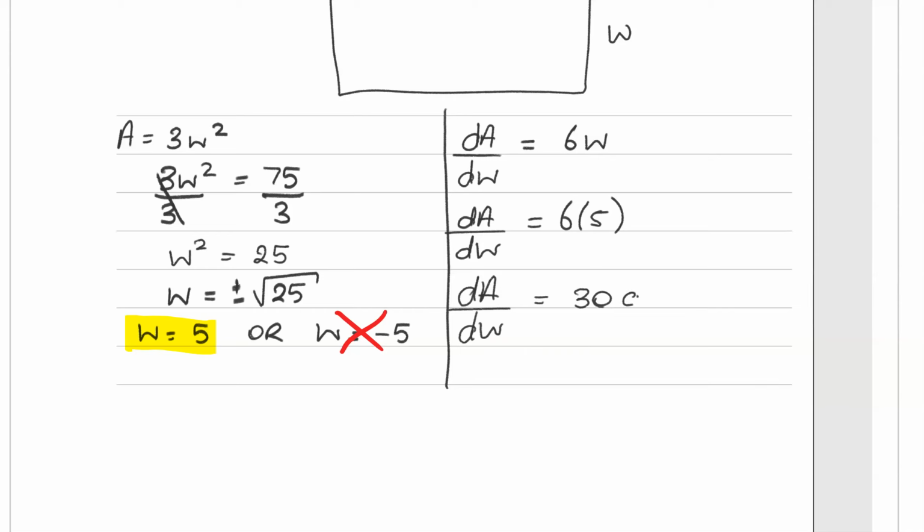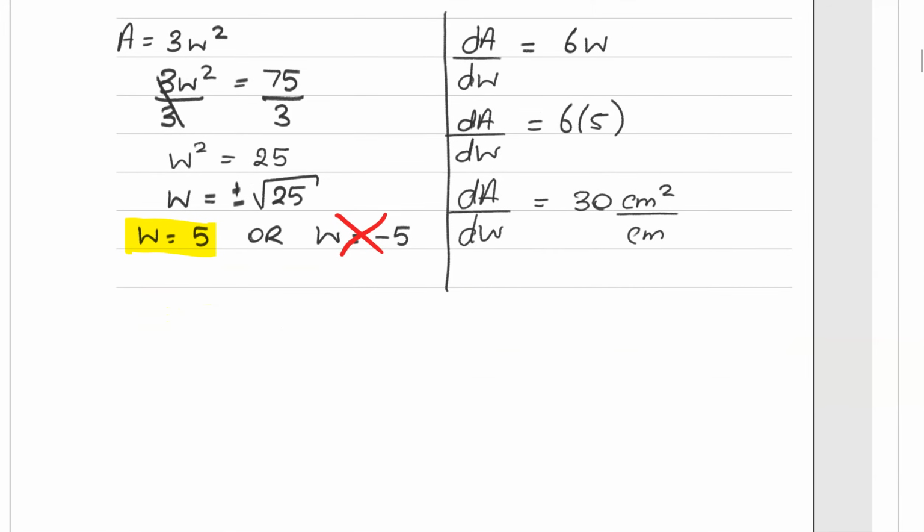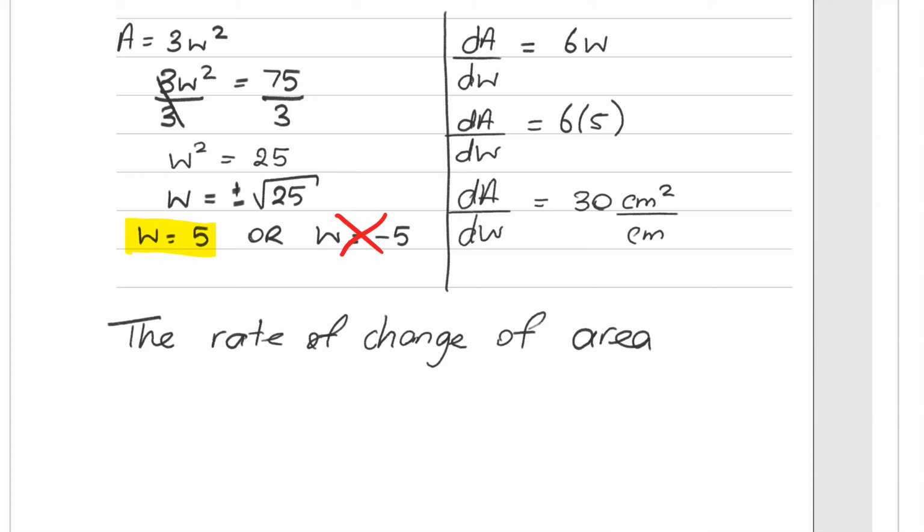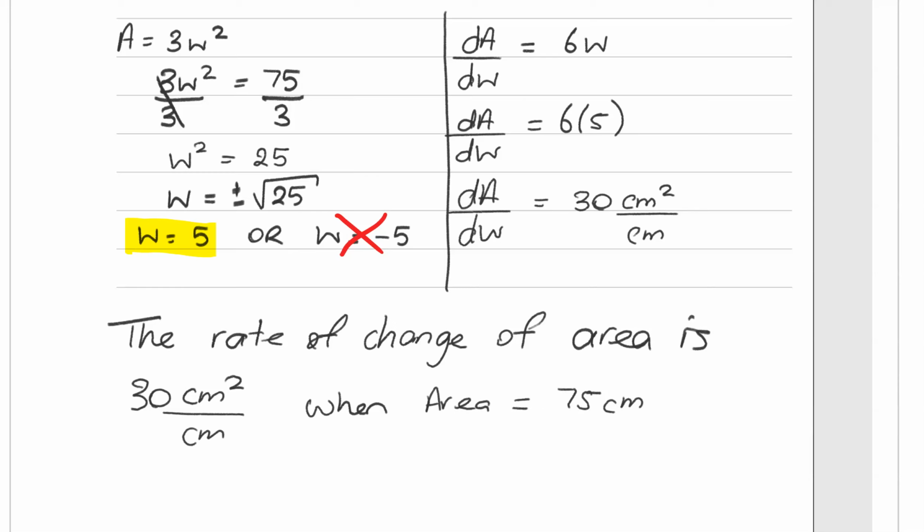The units for area is centimeters squared, and the units for width is centimeters, and I can write a statement saying the rate of change of area is 30 centimeters squared per centimeter when the area is 75 centimeters squared.